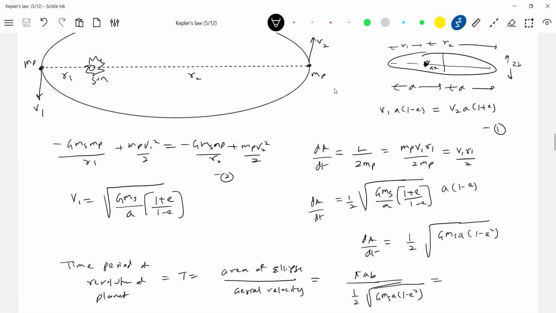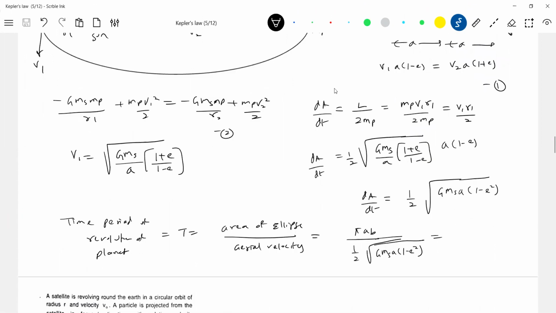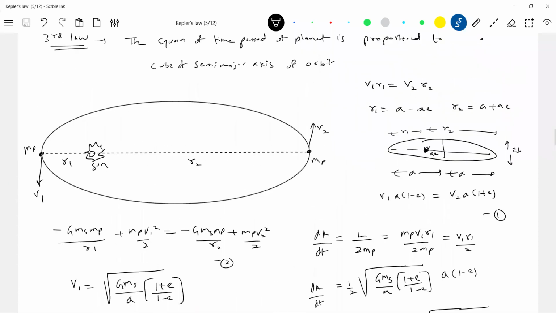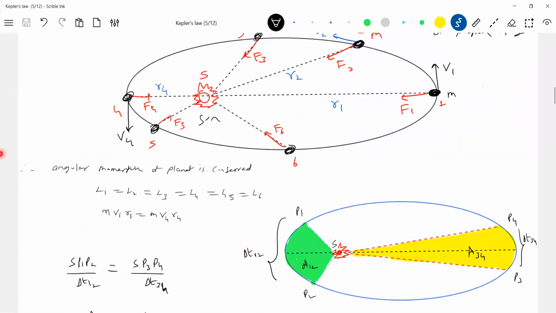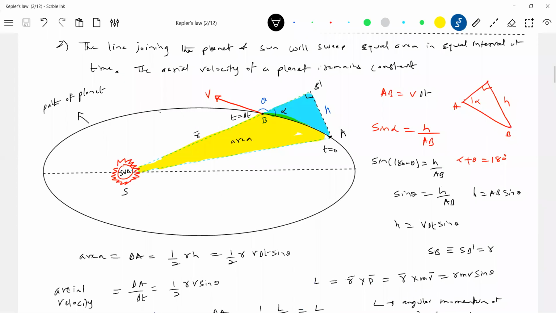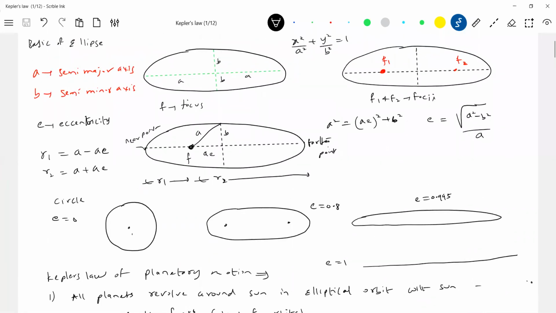This A, what can we write it as? A B. Expression for B is needed, no? So how to replace B? I think initially I wrote some equation. Let me bring that one here. We'll take this one.